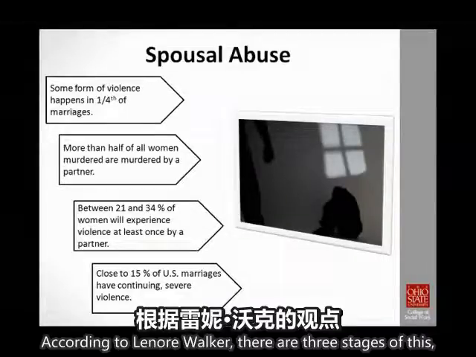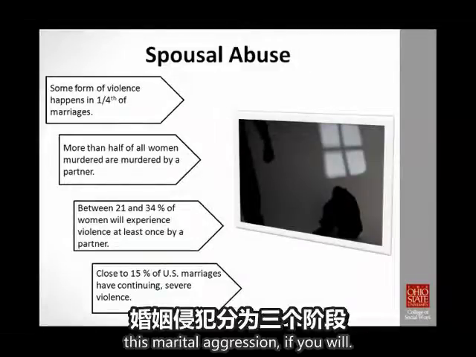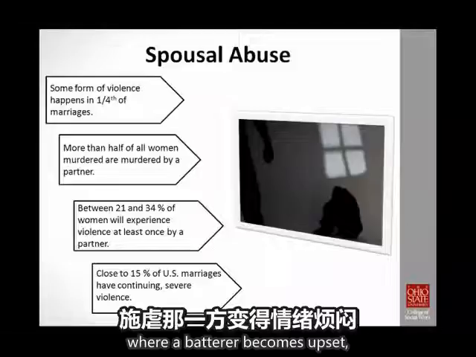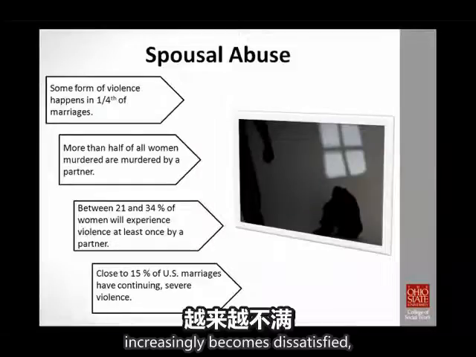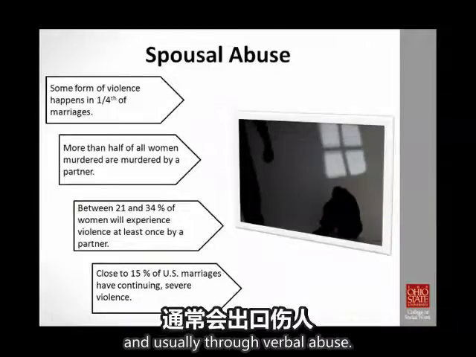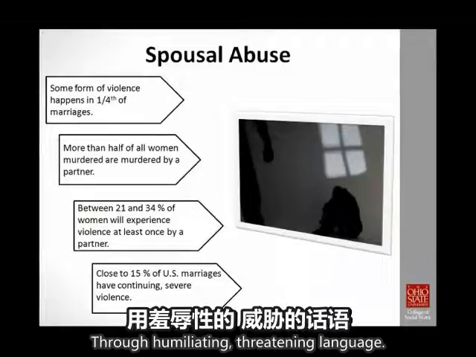According to Lenore Walker, there are 3 stages of this marital aggression, if you will. The first is the tension-building stage, where a batterer becomes upset, increasingly dissatisfied, and initially expresses this upset verbally, usually through verbal abuse, through humiliating, threatening language.